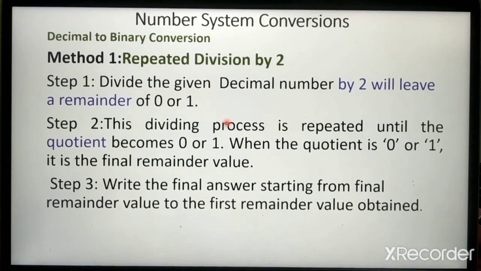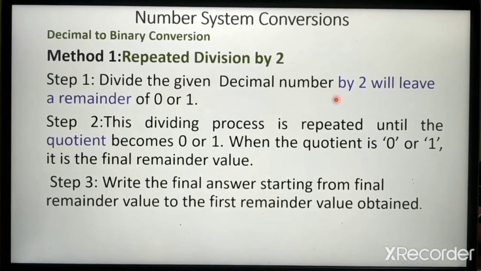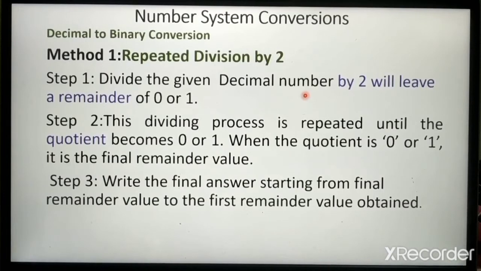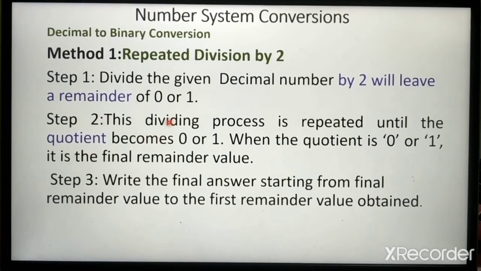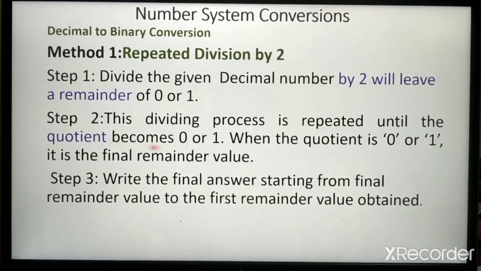Number 1, divide the given decimal number by 2. As we know, when you divide any decimal number by 2, it leaves 0 or 1 as a remainder. Next, the same dividing process will be repeated until you get the quotient as 0 or 1.